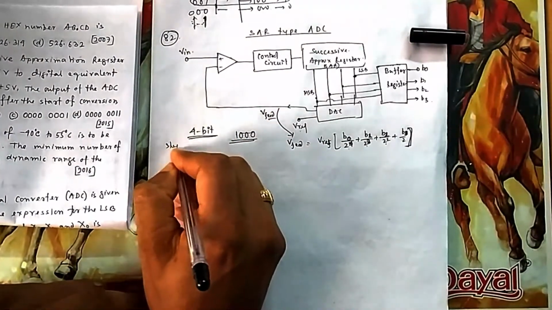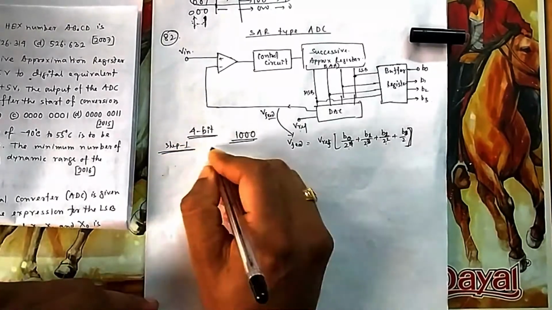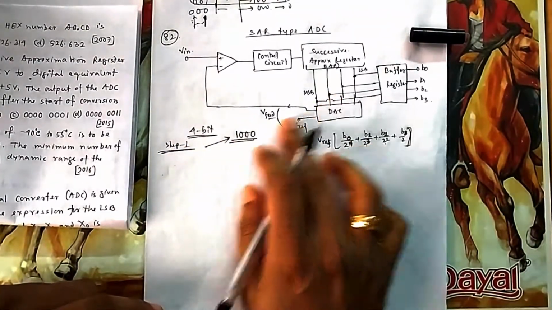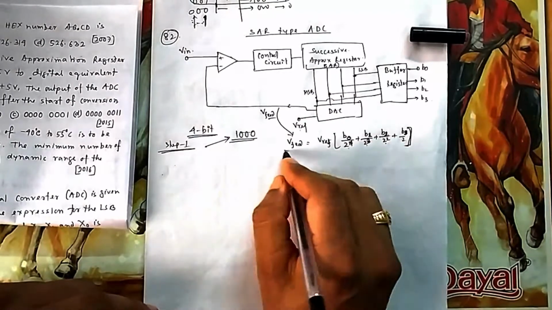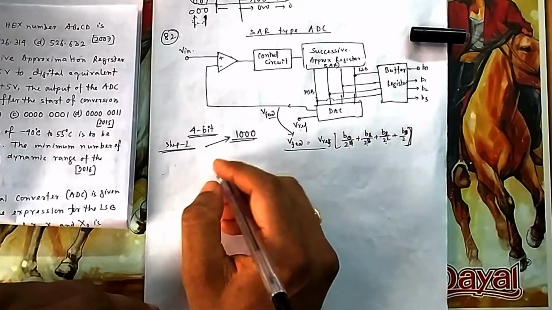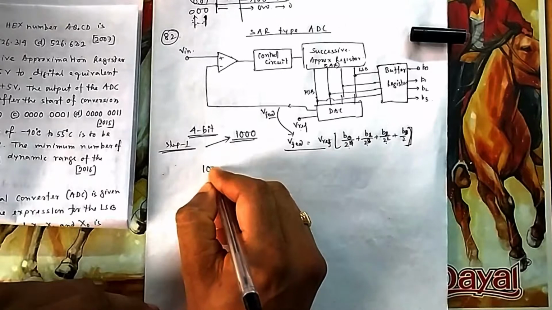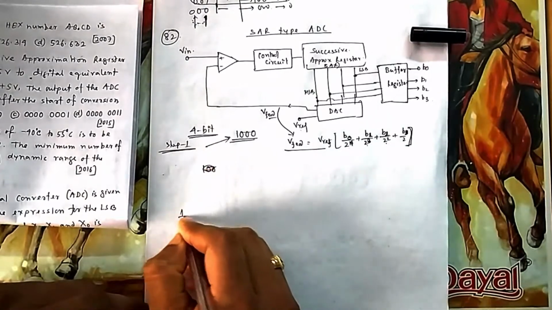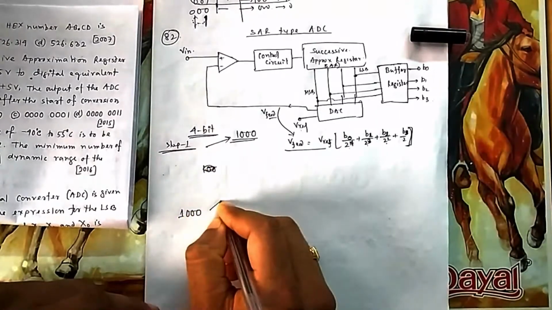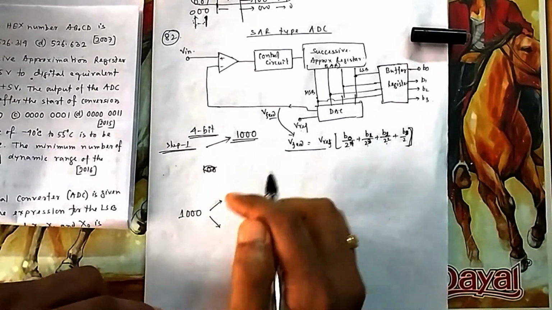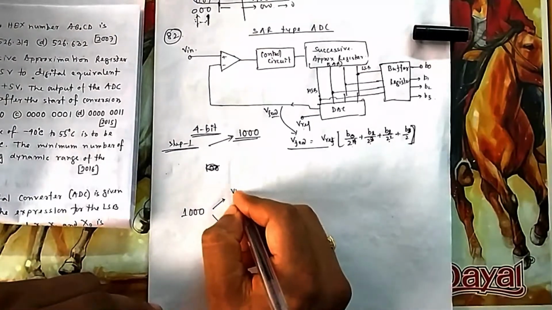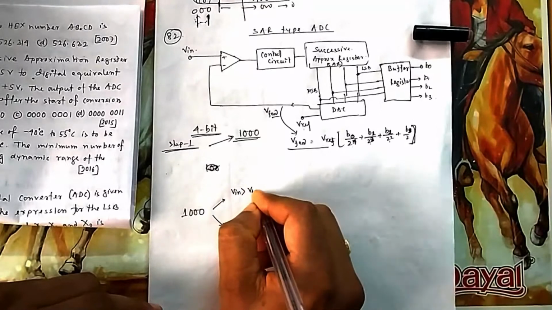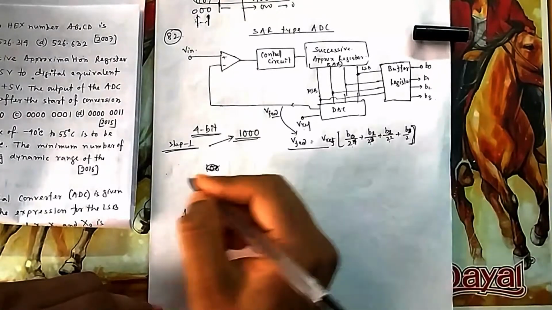If we start with this as my step 1, I keep the digital outputs as 1000, then I give V feedback. Then what I compare: if I start with this diagram, suppose this is 1000, then you will have two options. You check whether V in is greater than V feedback, whatever you are giving as feedback.